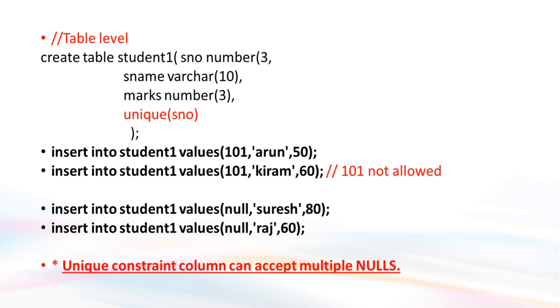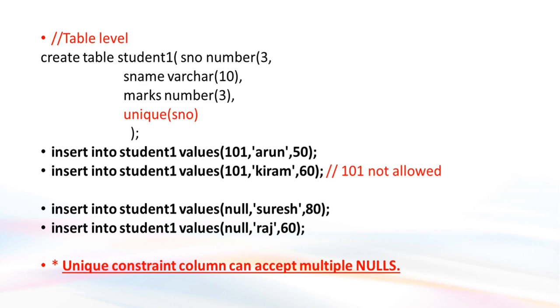Now I have created the table like this: S number is unique, S name, marks. So now S number is unique, right? It will not allow duplicate values. Now I am trying to insert duplicate values. Insert into student1 values 101, Arun and 50. First time it will accept.